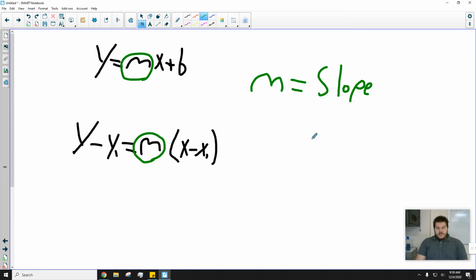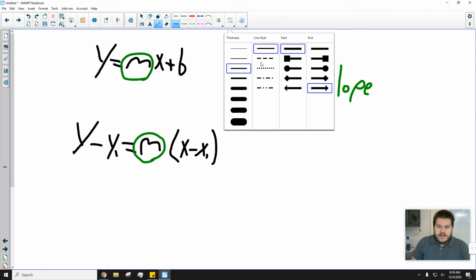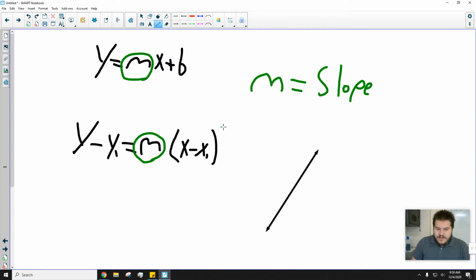Because if I were to bring back another set of lines, you see, this line right here is the same as this line. They're different lines, but they still have the same slope.